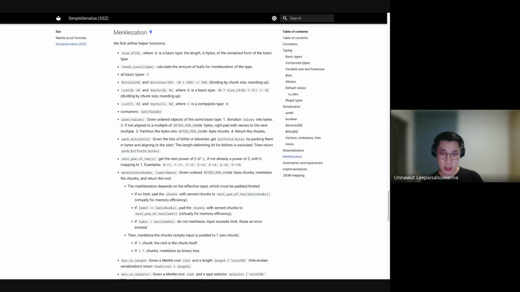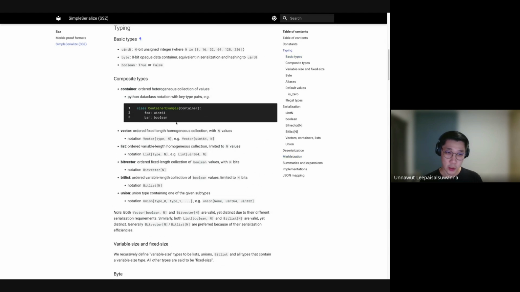The way I understand it, it's able to do this because there's a very small number of types available, and all these types, even composite types, are basically divided into chunks of 32 bytes. Because of those 32-byte chunks, you're able to Merkleize each chunk.